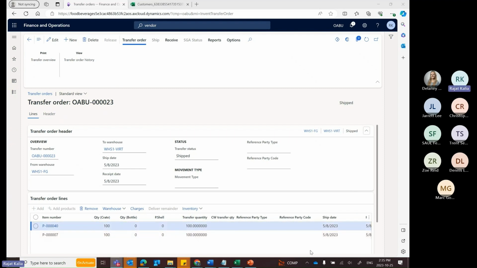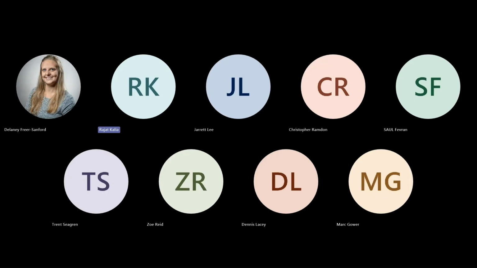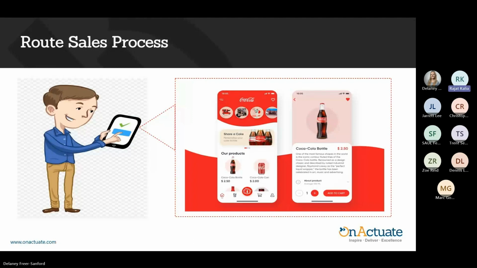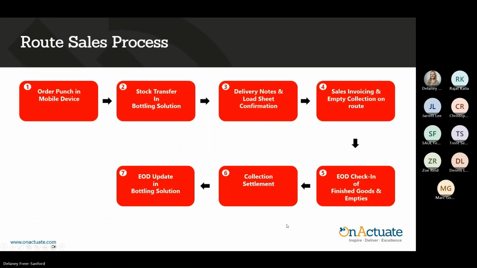So going back to the presentation, let's look at the remaining steps after the order is punched in and created. As soon as the products are visible in the virtual warehouse or van sales system, the backend staff prepares delivery notes and load sheet confirmation.